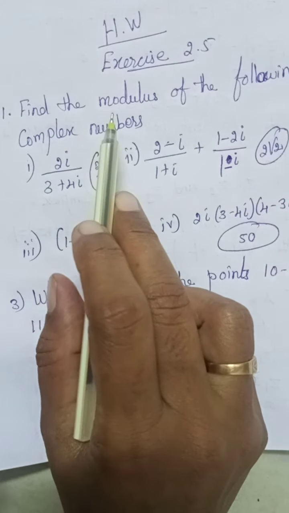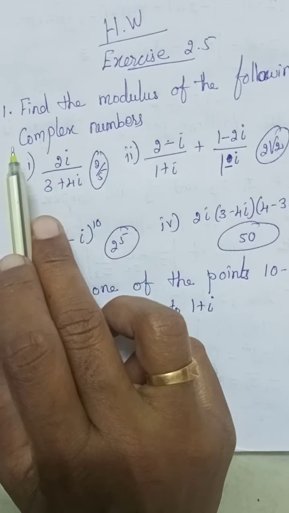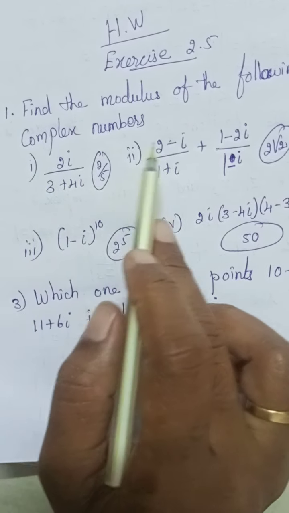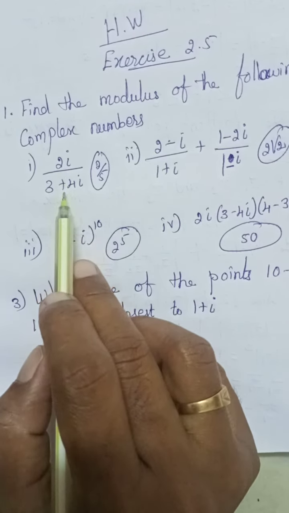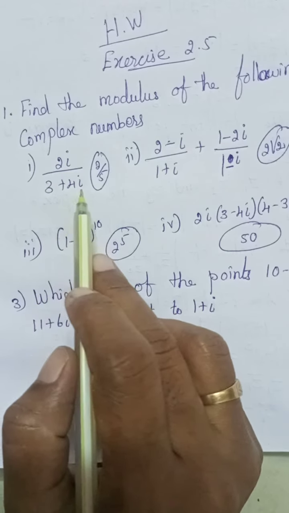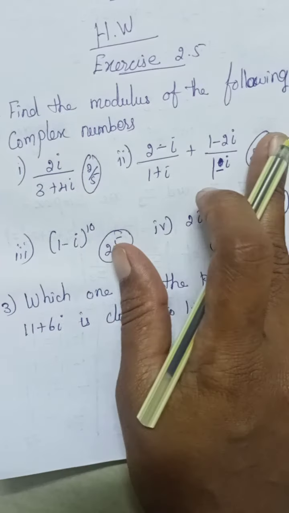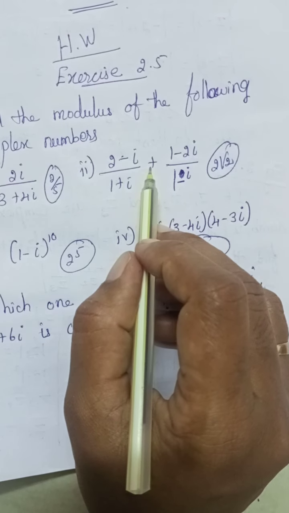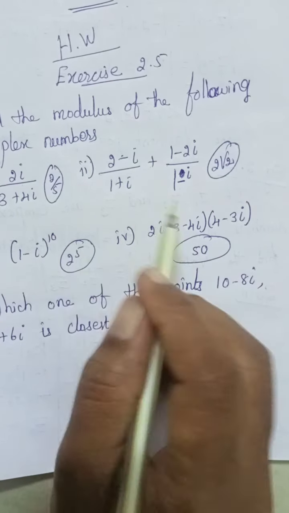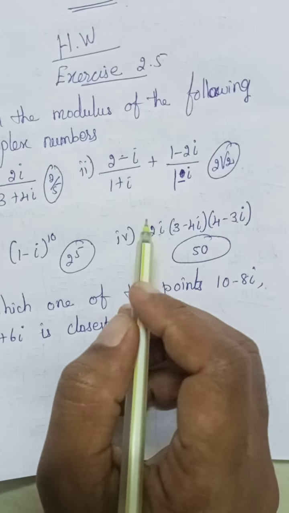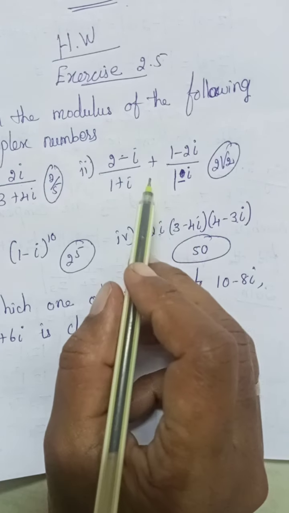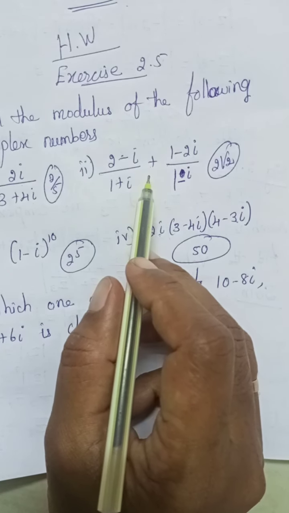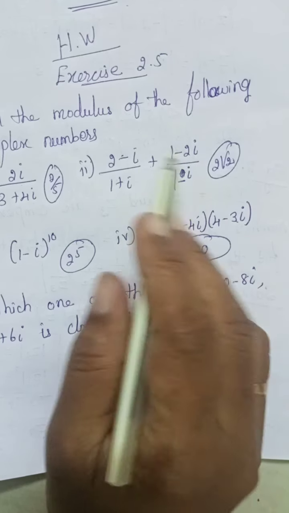Now the homework part. Exercise 2.5, first one. Find the modulus of the following complex numbers. See this, you can separately find out the modulus, isn't it? 2 by 5 is the answer. And here you check, this is in between plus. If it is division or multiplication, you can separate the modulus. If it is plus or minus, first you have to simplify that.